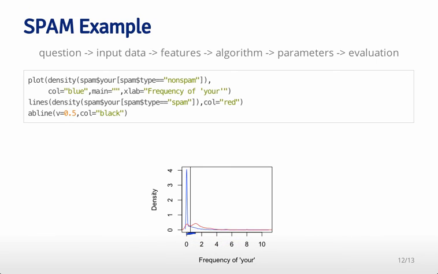If it's above 0.5, we say that it's spam, and if it's below 0.5, we say that it's ham. We think this might work because the large spike of blue ham messages is below that cutoff, whereas one of the big spikes of the spam messages is above it, so you might imagine that we'll catch quite a bit of spam.